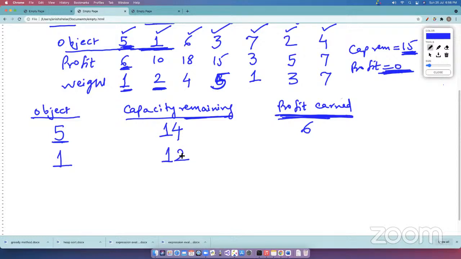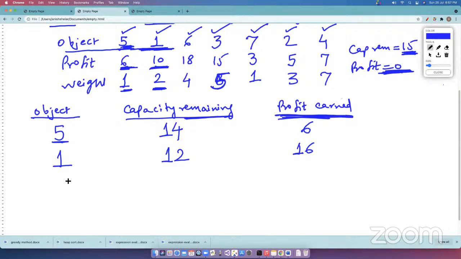After this you can add only 12 kgs. The profit is 10, but the earlier profit was 6. So total profit after adding the first object is 16. We are writing cumulative profit here, that is 6 plus 10.